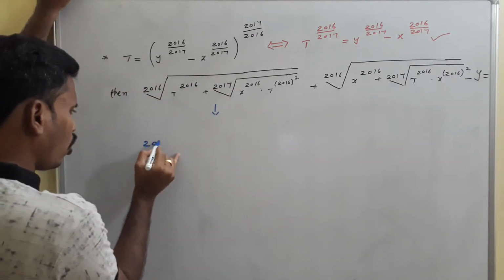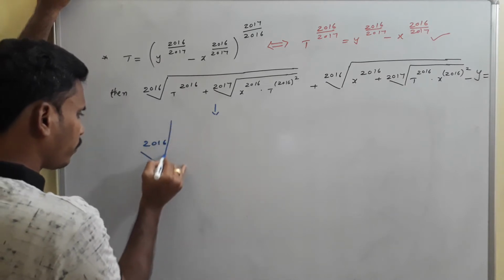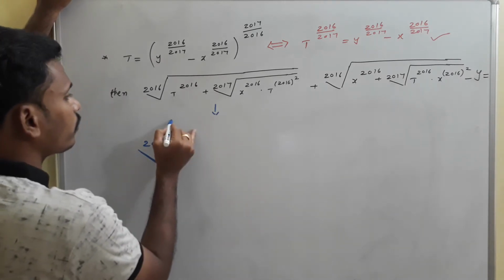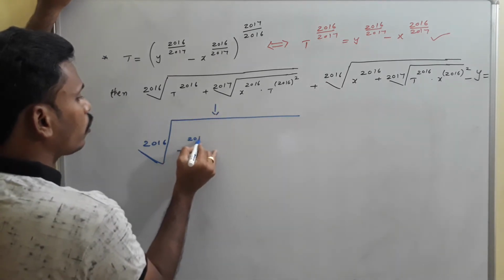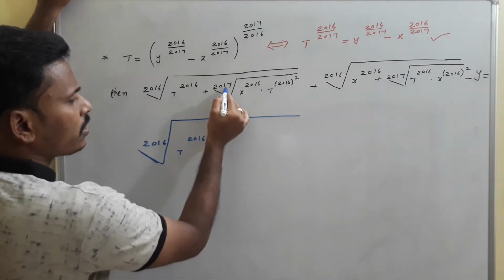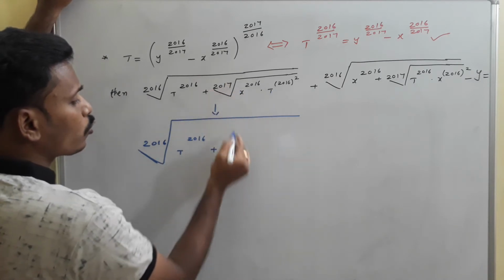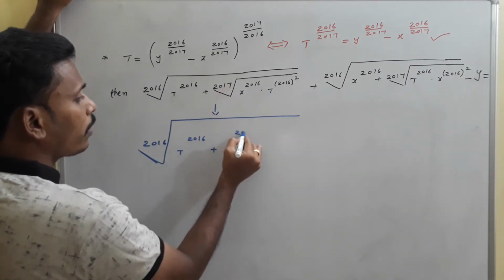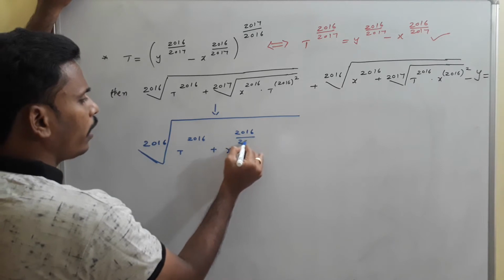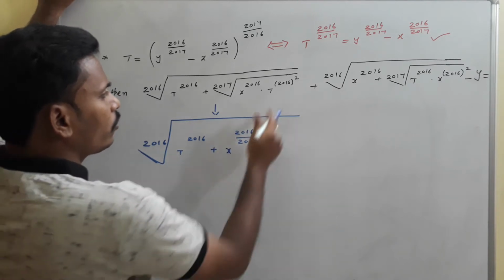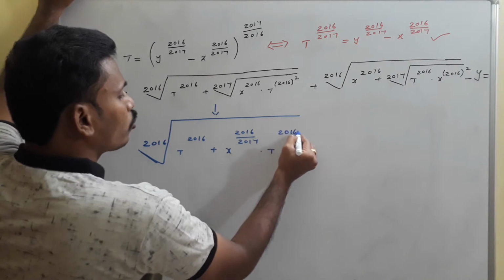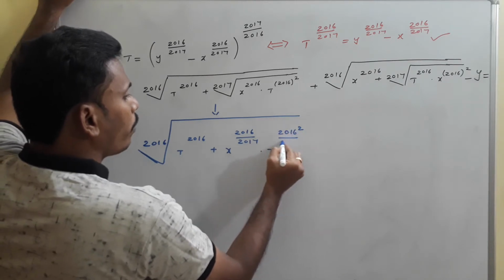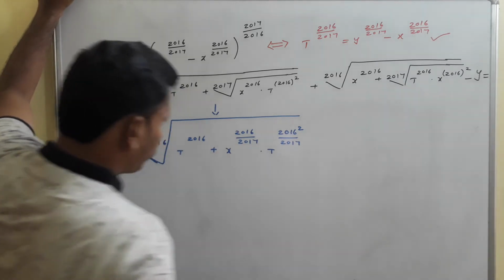So 2016 root of t power 2016 plus, see here it is a product and it is 2017 root, so x power 2016 by 2017 into, here I will rewrite it like t power 2016 square by 2017.